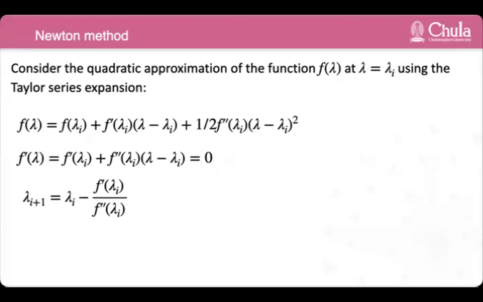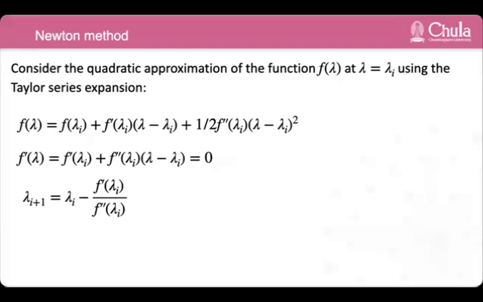This time, we use a Taylor series to expand the objective function at lambda I. Lambda I is our fixed point, and we expand it using the linear term and quadratic term.